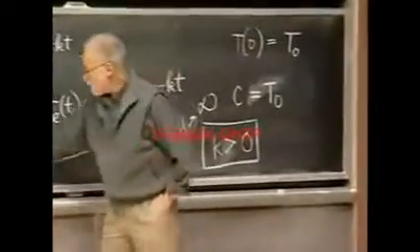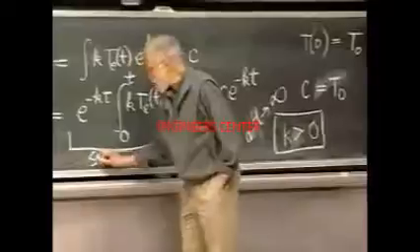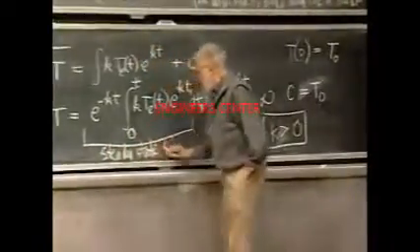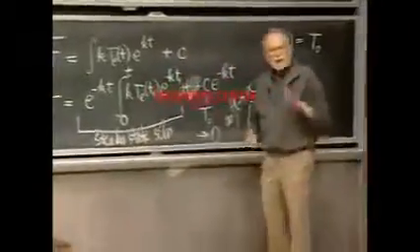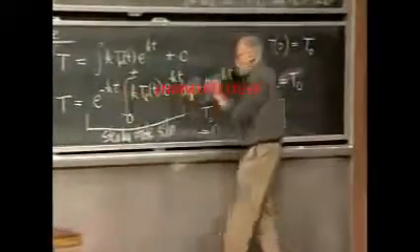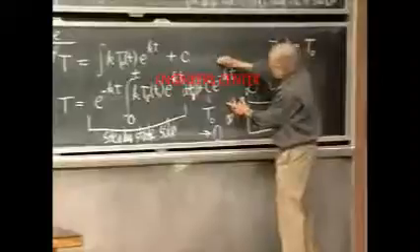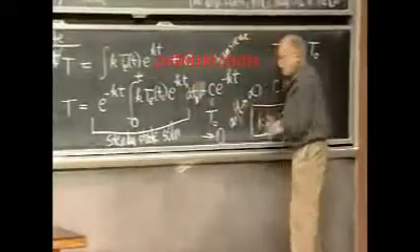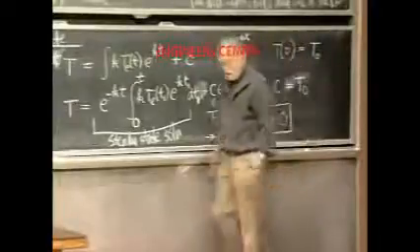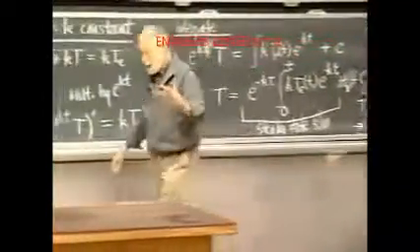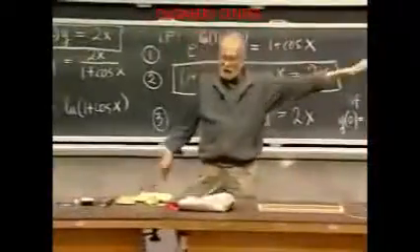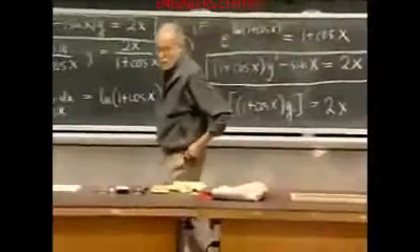So this is the solution that remains. This, therefore, is called the steady state solution, the thing which the temperature behaves like as t goes to infinity. This is called the transient because it disappears as t goes to infinity. It depends on the initial condition, but it disappears, which shows you that in the long run, for this type of problem, the initial condition makes no difference. The function behaves always the same way as t goes to infinity.